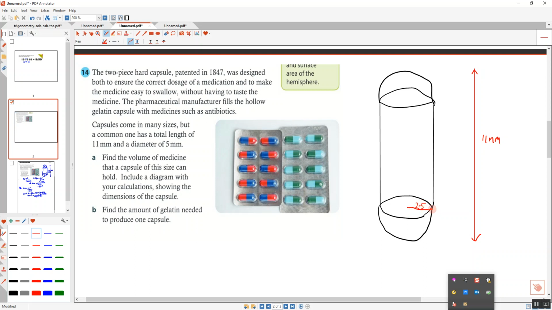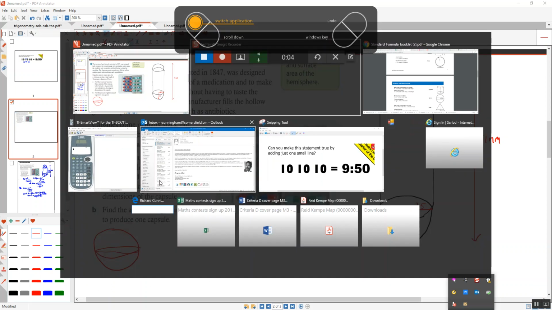Now, the radius is 2.5, and that is exactly the same as the height of the half sphere. If we think about a sphere, the height and the width are exactly the same.